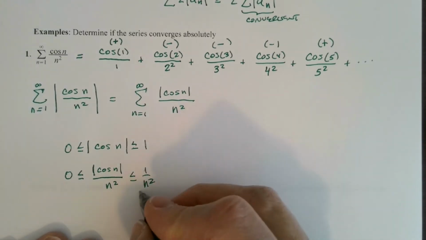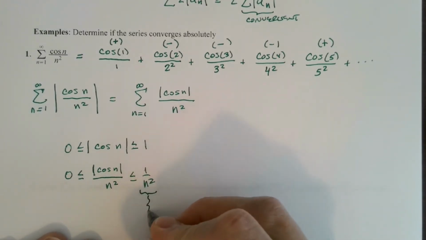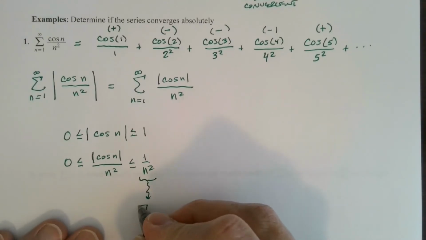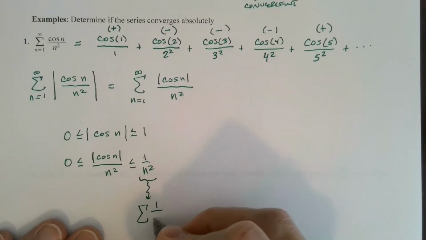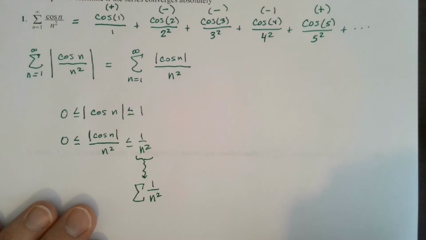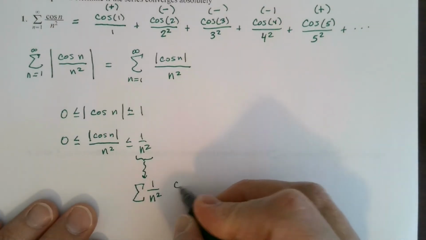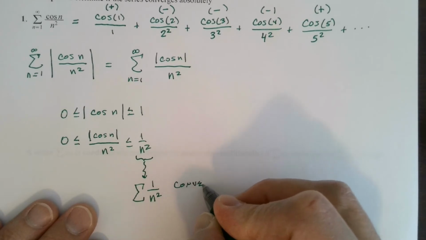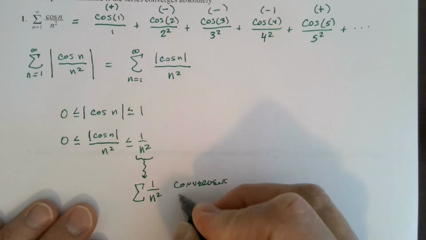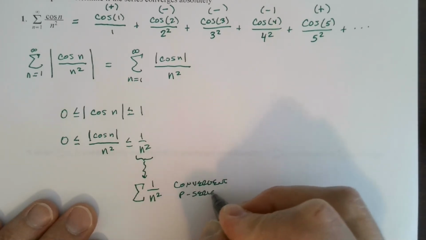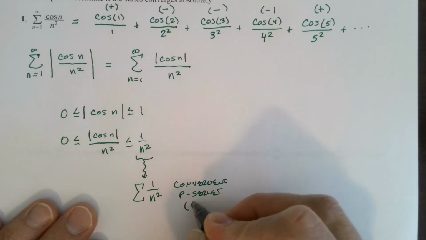And if I take a look at the terms here and consider this series, do I know anything about this series? Do I know whether that series converges or not? Yeah, we do. This is a convergent P series. Remember, P series, P is equal to 2.